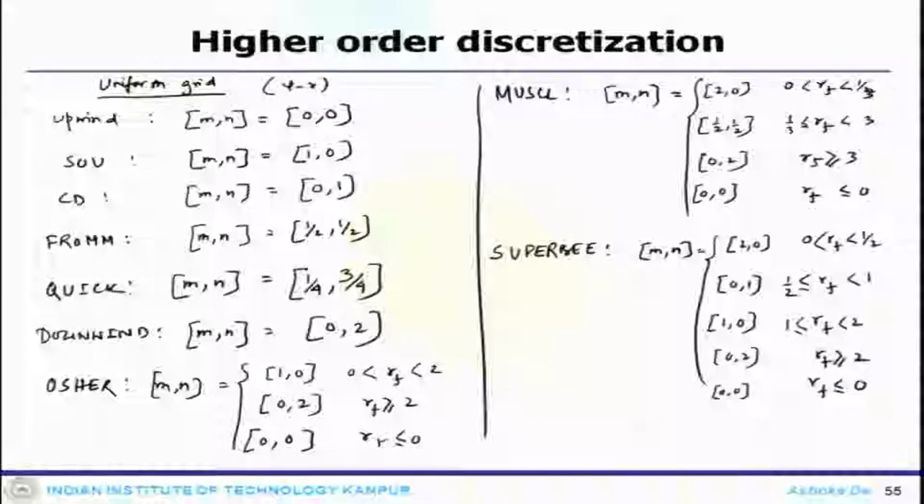So one can implement in the similar fashion. So that actually talks about different classes of higher order high resolution schemes and their improvement, and then looking at the corrections.